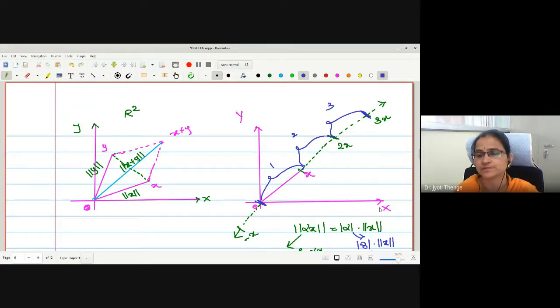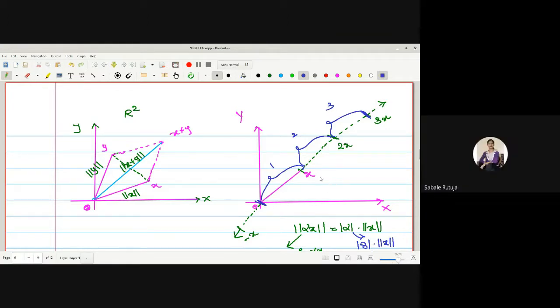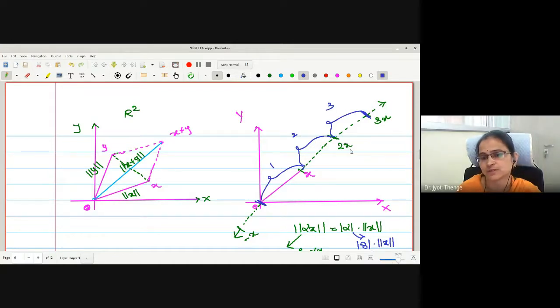The same happens for any value of the real scalar alpha. In the metric definition, the length of a scalar multiple of a vector condition is not available in metric spaces. This was generalized as a norm function.